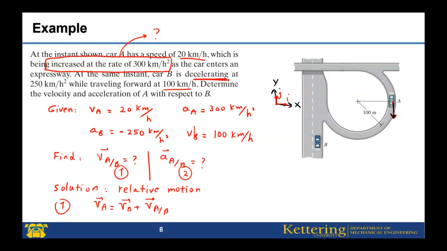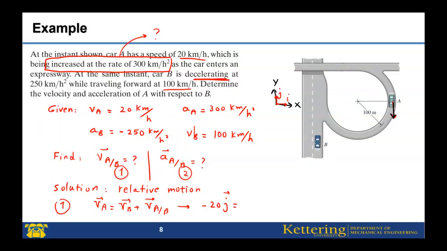The velocity is downward based on this coordinate system. This is the conventional coordinate system: x to the right is positive, y upward is positive. Going downward, the velocity is minus 20j. From this equation, the left-hand side is minus 20j.